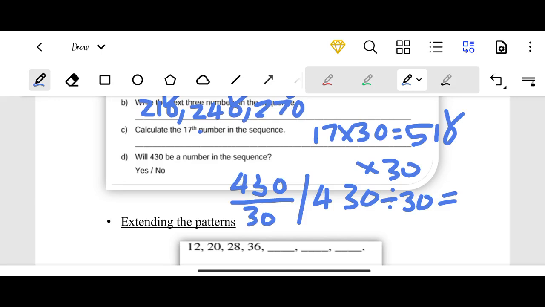If it is, for example, 14, it means that the answer is going to be yes. But for this one, if we say 430 divided by 30, I think the answer is going to be 14 point something. So it means that this is going to be a no, and then you are done. I hope this made sense.